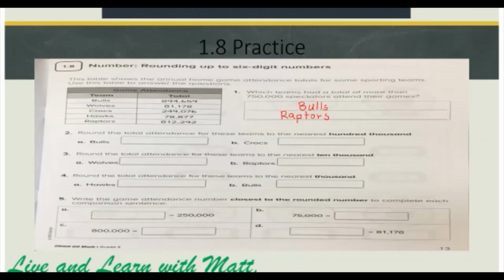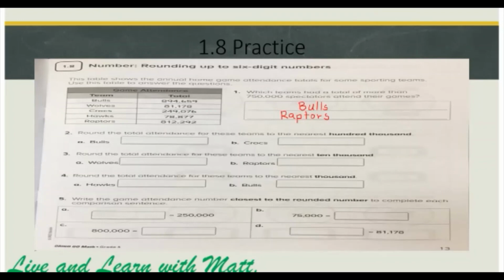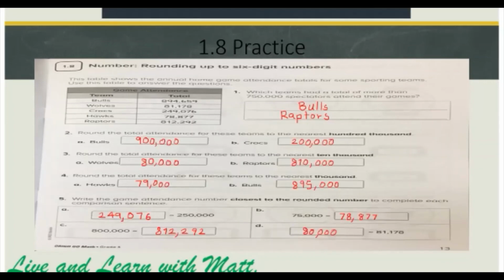So we have the Bulls and the Raptors. Number 2 to number 5. Please do it yourself and send it to me. So use these answers to compare your answer and submit to teacher's line.